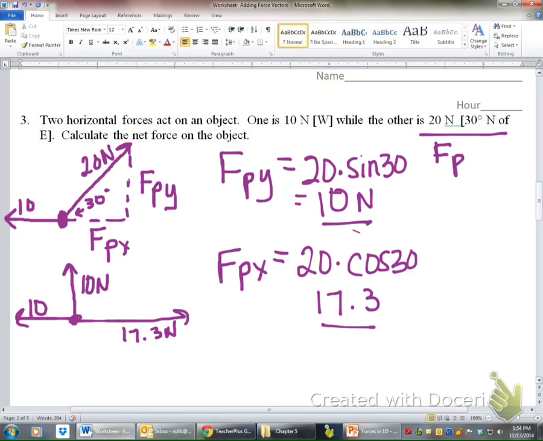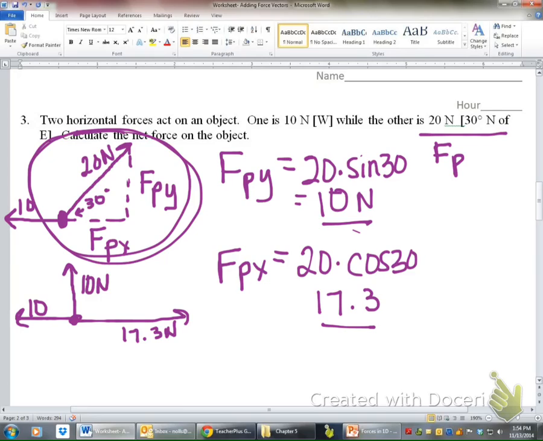Yeah, Evan? So, did you really do this all for y? Yes, because we're going to take an overall net force and build our new triangle. Okay? What's that mean? How do you know that the 17.3 is going east? Because it's positive, and it's part of this triangle, and this triangle goes east and north.